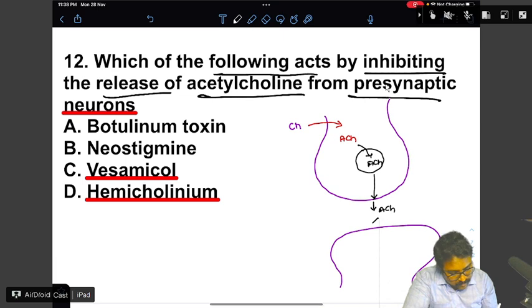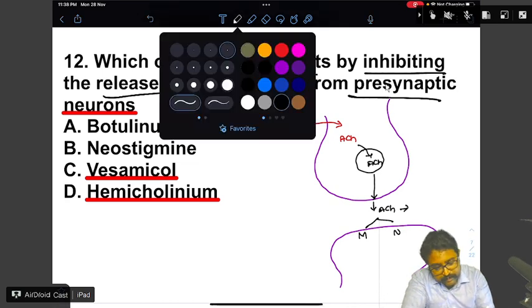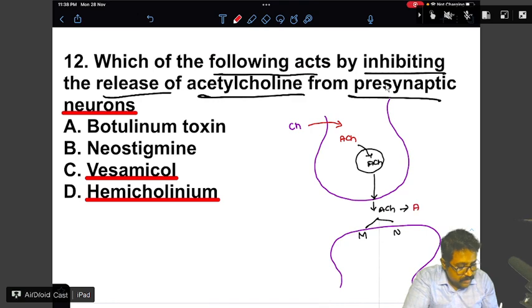This will act on the muscarinic as well as the nicotinic receptors, and will be degraded with the help of acetylcholinesterase.